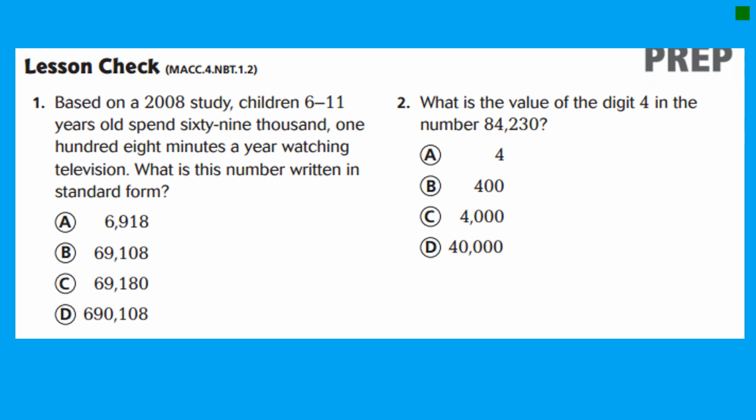Well, I have to go back. Like I say, I always have to go reread. Okay, let's see here. Based on a 2008 study, children 6 through 11 years old spend, okay, here comes the number. I think I'm going to underline it. 69,108.